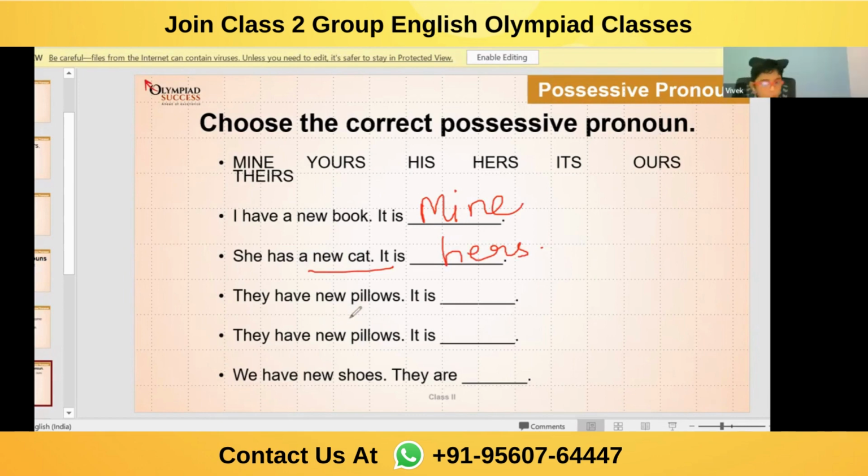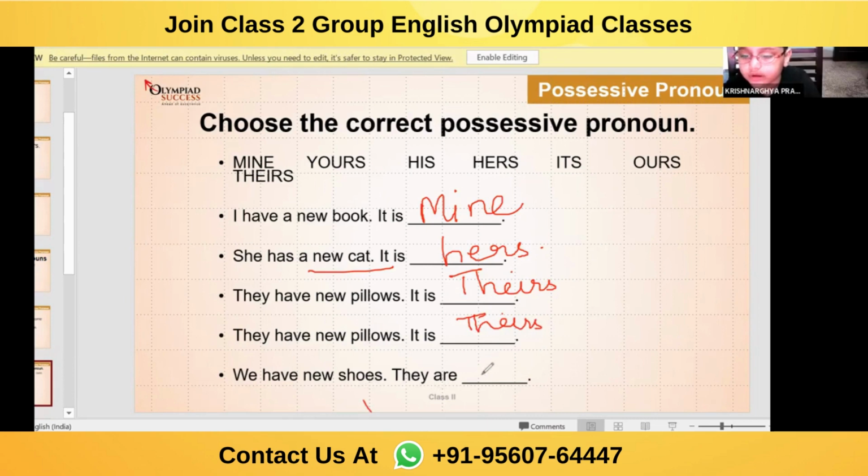They have new pillows. It is theirs. Good. Next question is for Krishna. We have new shoes. They are ours. Good.